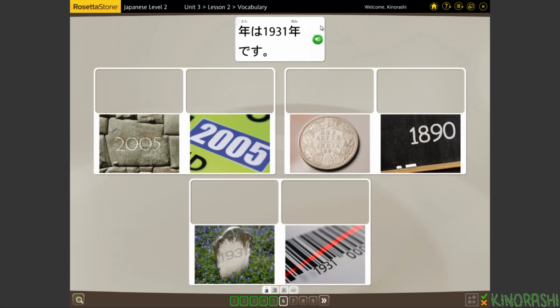年は1931年です。Let's see, nen is year. Toshi.